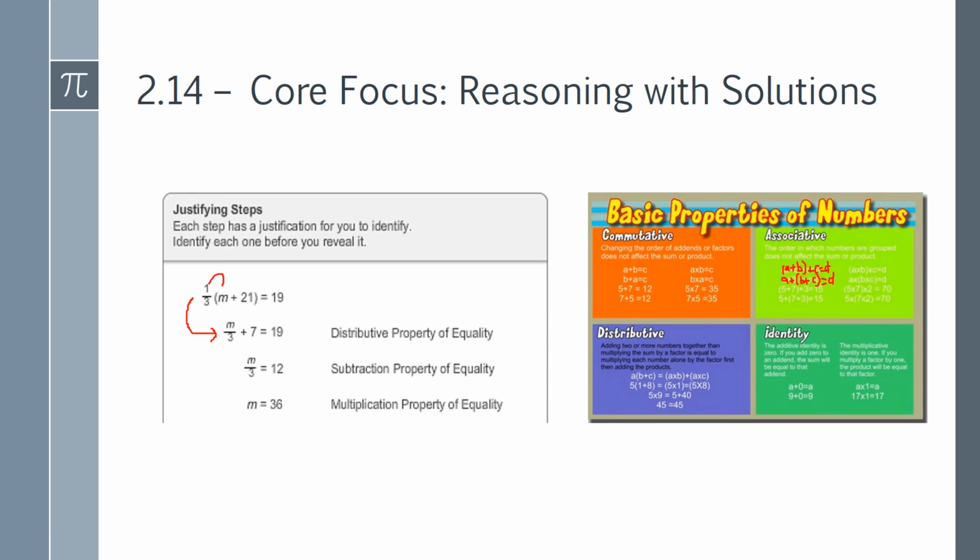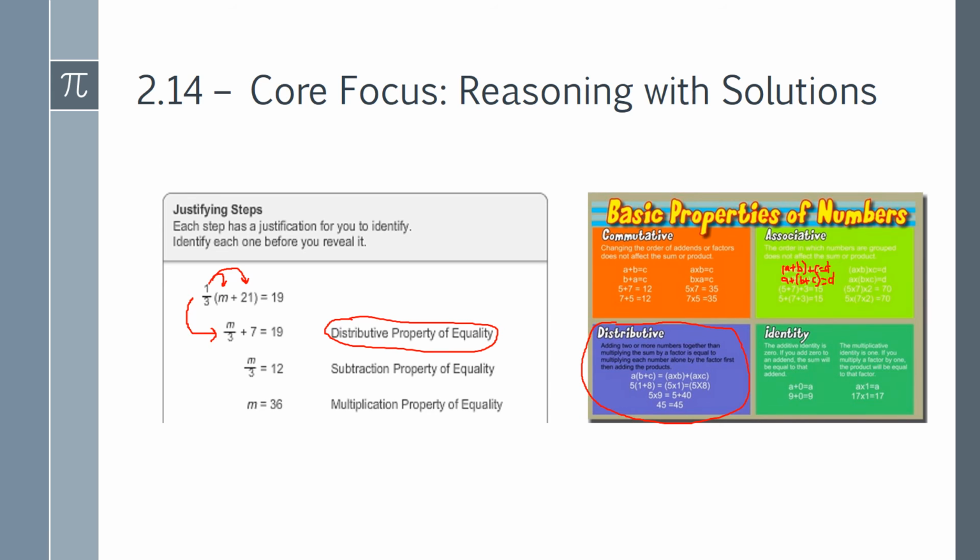Nothing on the right side changed. All I see is over here, the 1/3 got distributed. Okay, they went 1/3 times everything in the parentheses. So looking over at your options, I see, oh, that's the distributive property of equality. I can distribute the numbers.